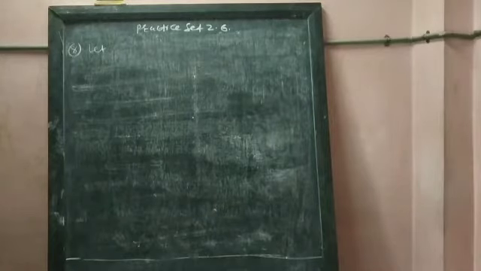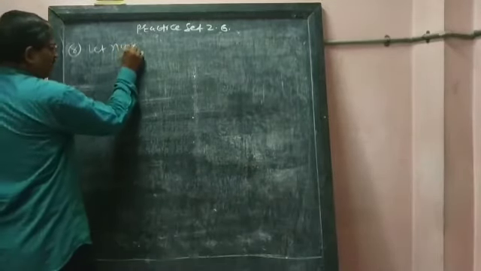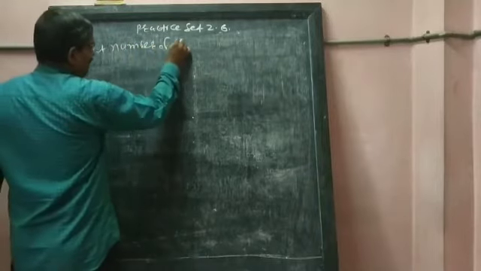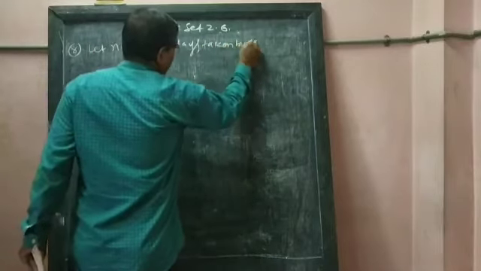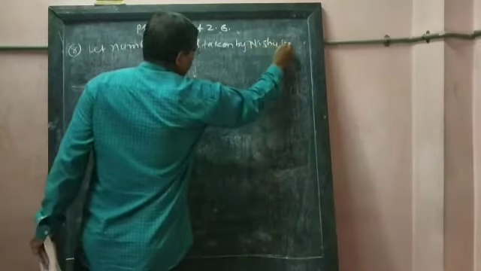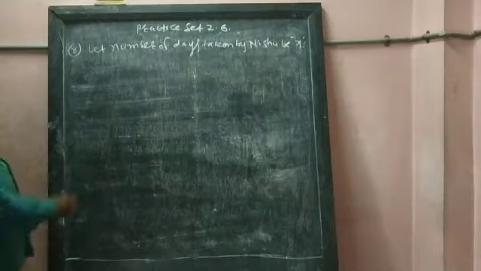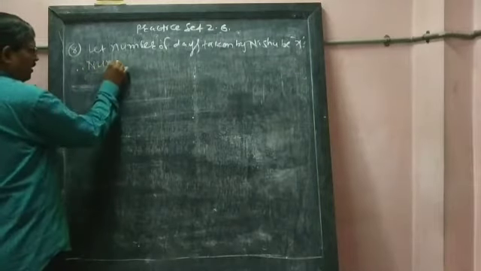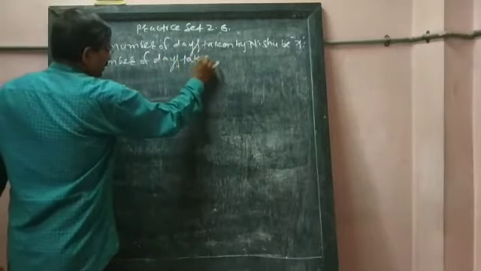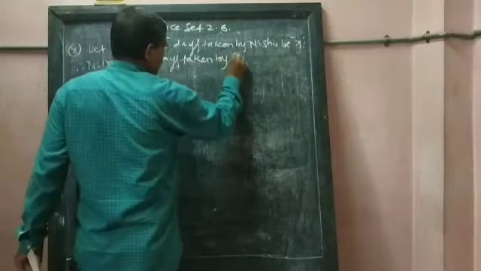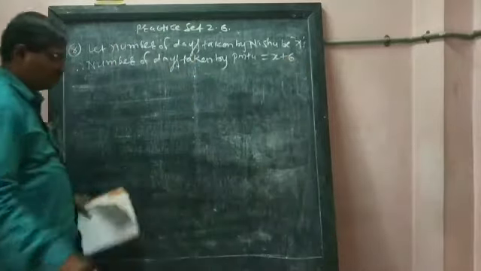Pintu takes 6 days more, so let the number of days taken by Nishu be x. Therefore, the number of days taken by Pintu is equal to x plus 6, since 6 days more is told.